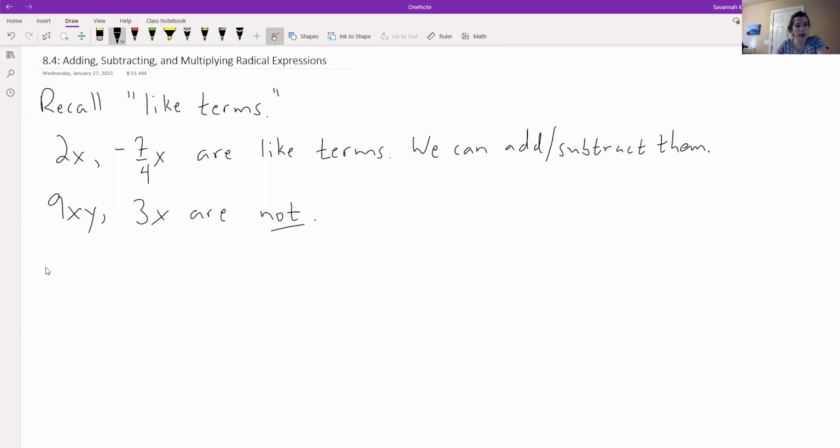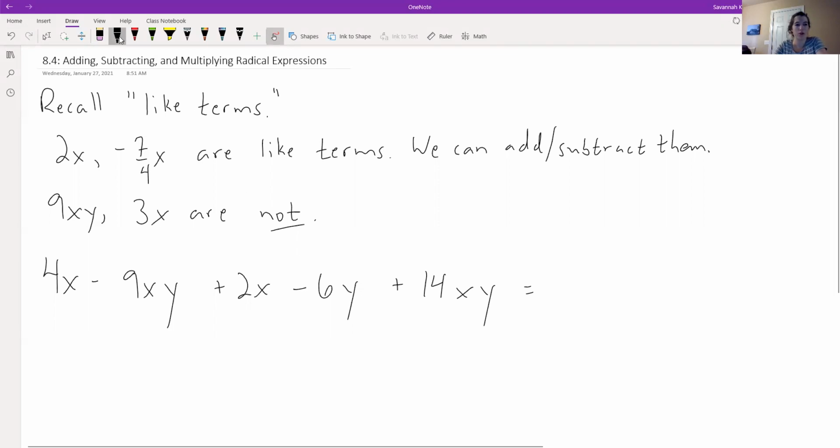In a case like 4x minus, I'll just dredge up some of this that we had already used, plus 2x minus 6y plus 14xy. Okay, so if we have a long problem like that, an addition subtraction problem, I'll just underline the like terms. We've got a couple of x's.